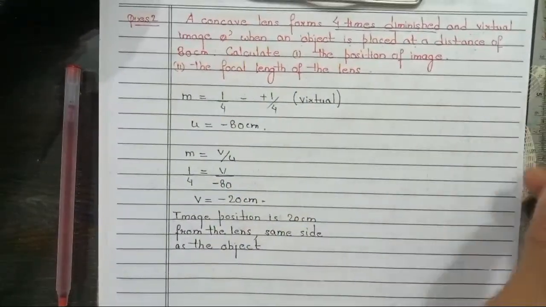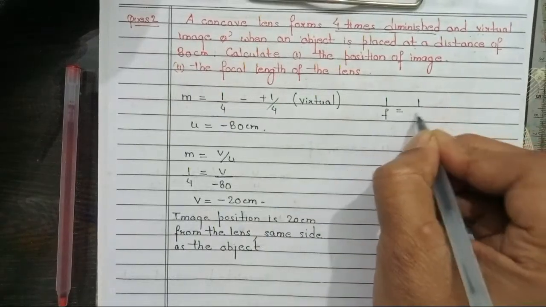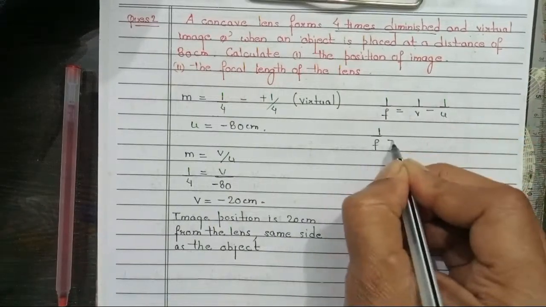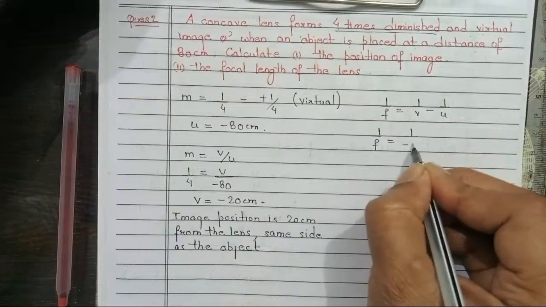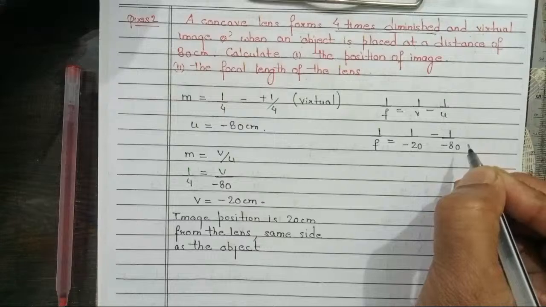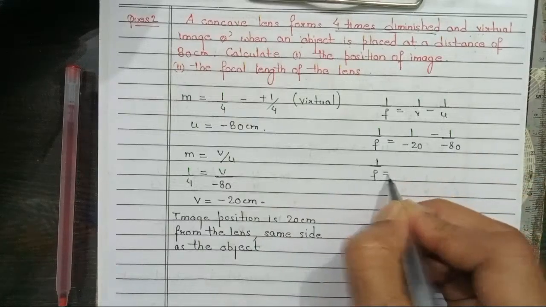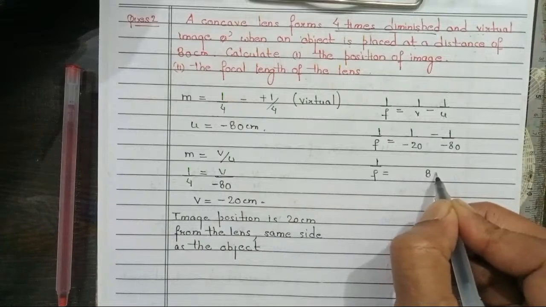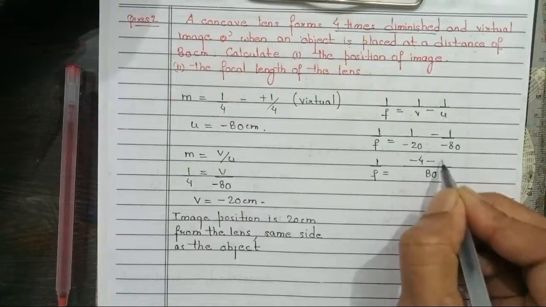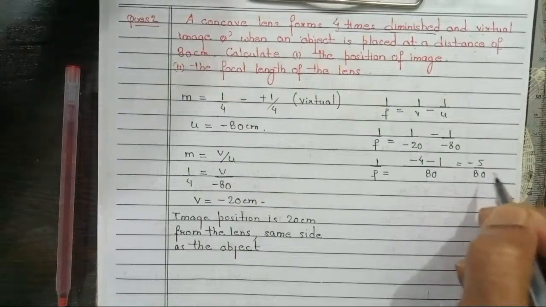Now we can apply the formula for the focal length. 1 upon f is equal to 1 upon v minus 1 upon u. So v here is minus 20 and u here is minus 80. So 1 upon f is equal to, LCM will be 80. This will go 4 times, so minus 4. This goes 1 time, so it is minus 5 upon 80.